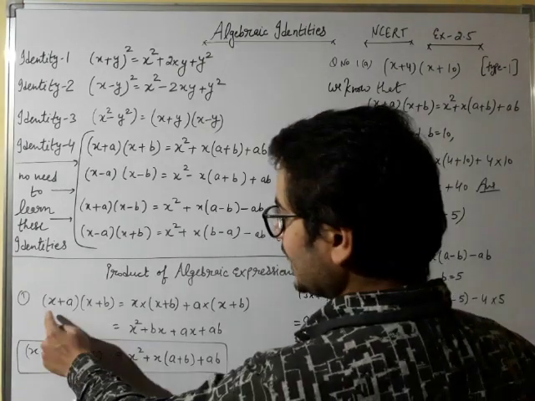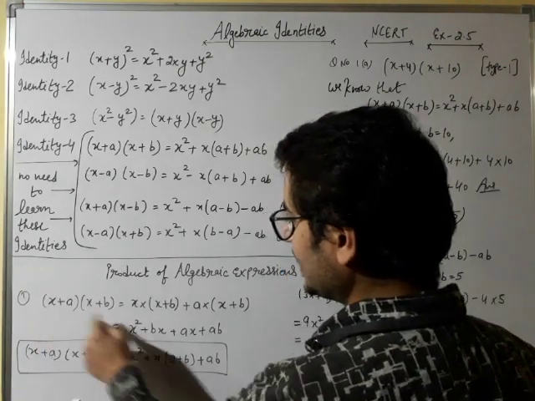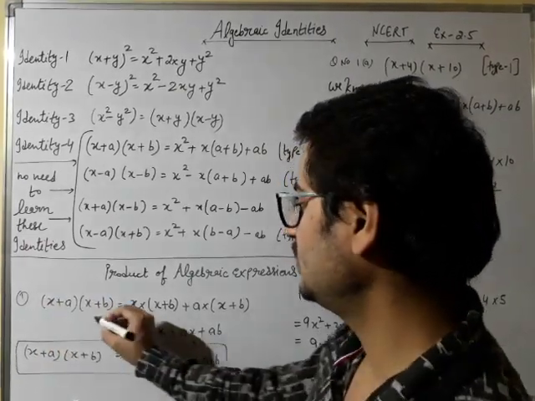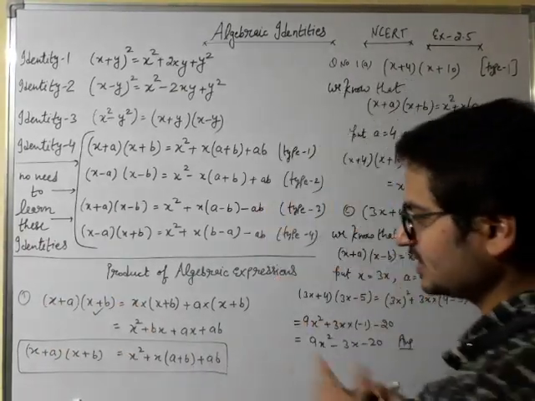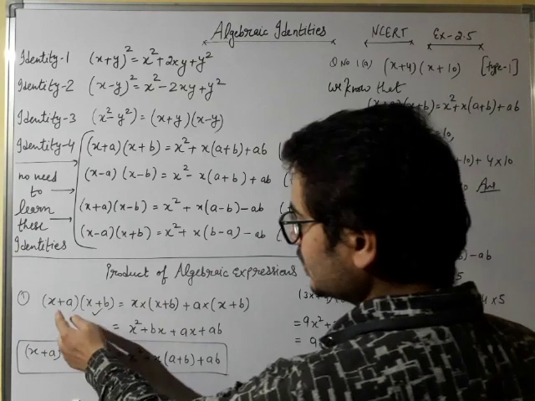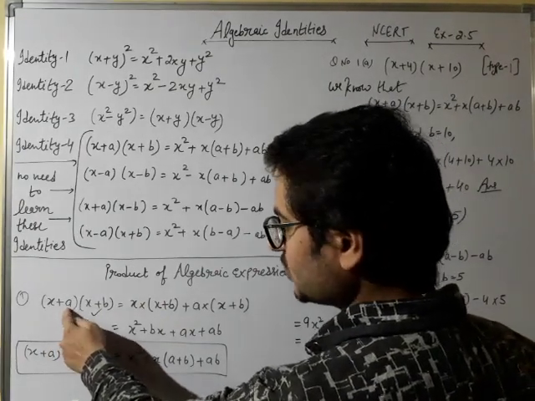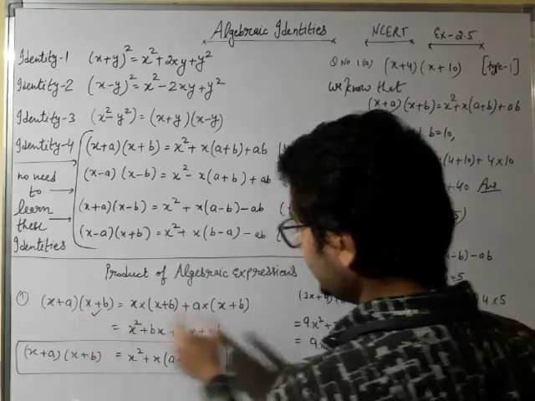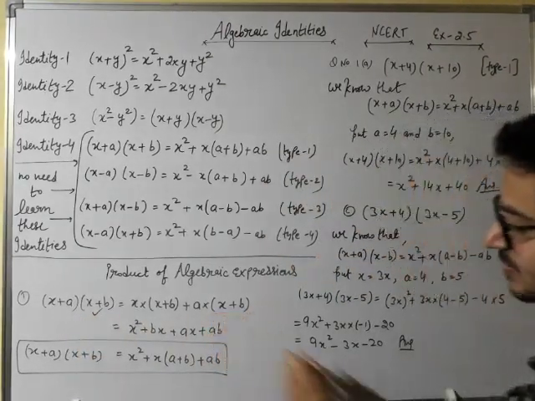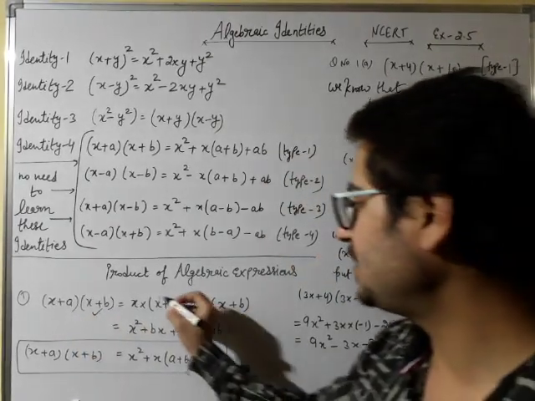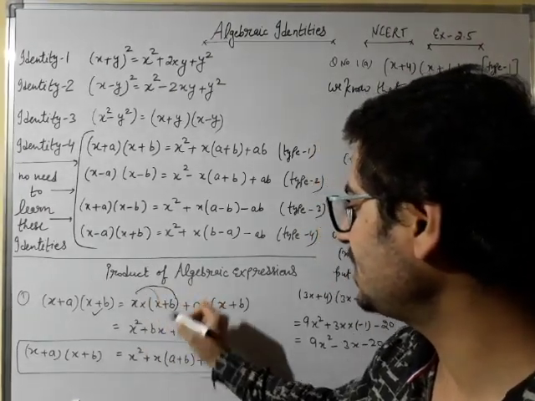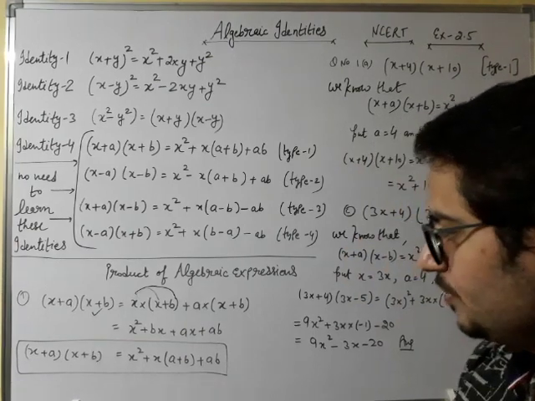So we will take the first term of the first binomial, that is x. x will multiply by the second binomial, x + b, and then we will take the second term of the first binomial, that is + a. It will multiply by the second bracket, x + b. Now x into x becomes x², and x multiplied by b gives bx.